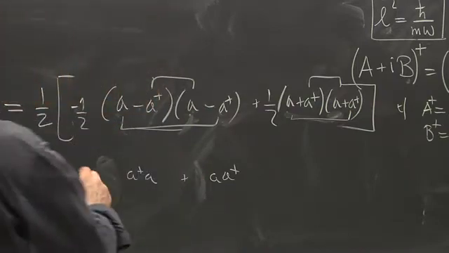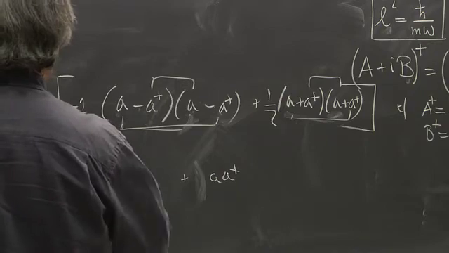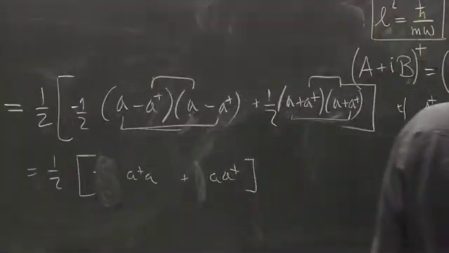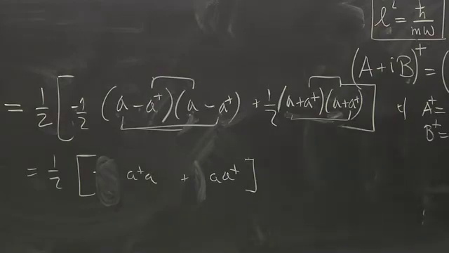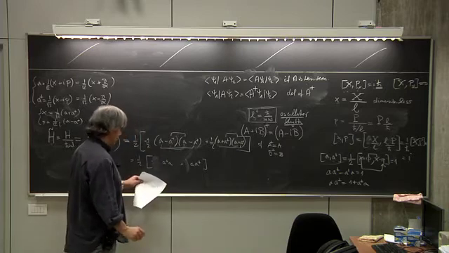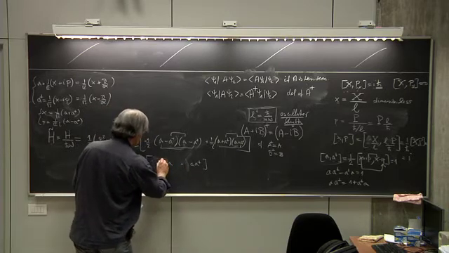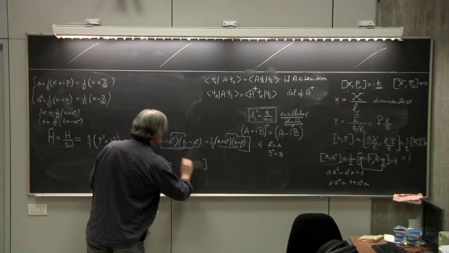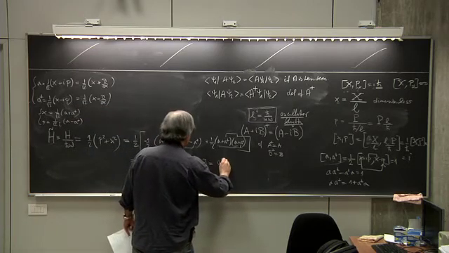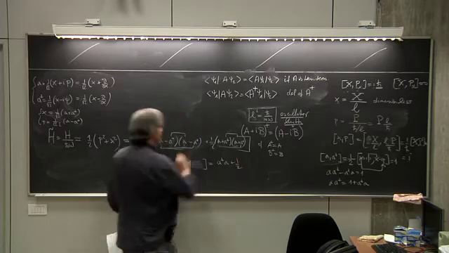So the result is just 1/2 the sum of this. But now I can use the fact that a a dagger is just 1 plus a dagger a, and therefore the result can be written as 2 a dagger a plus 1, or a dagger a plus 1/2.